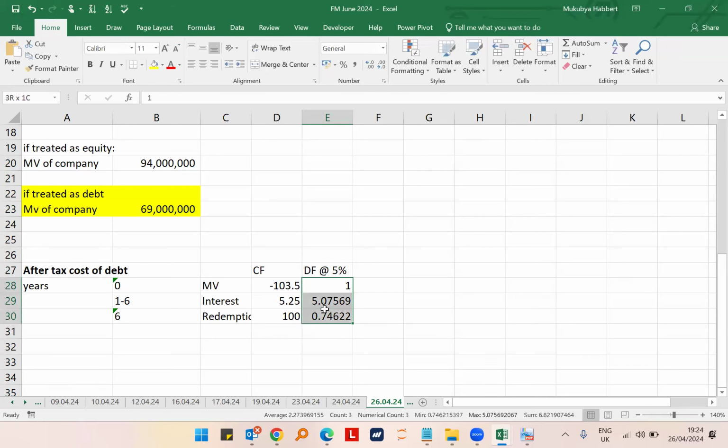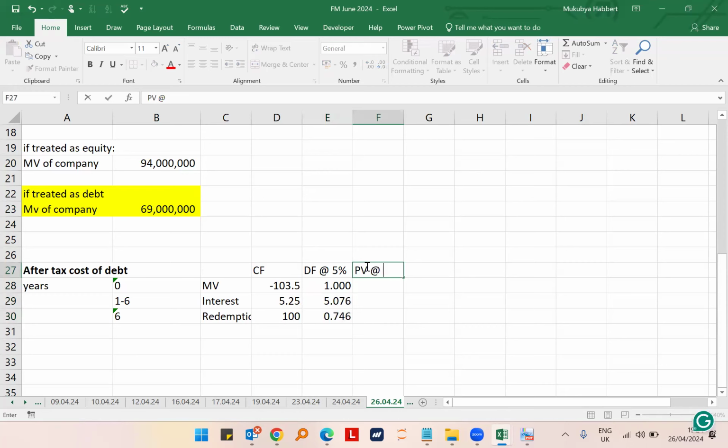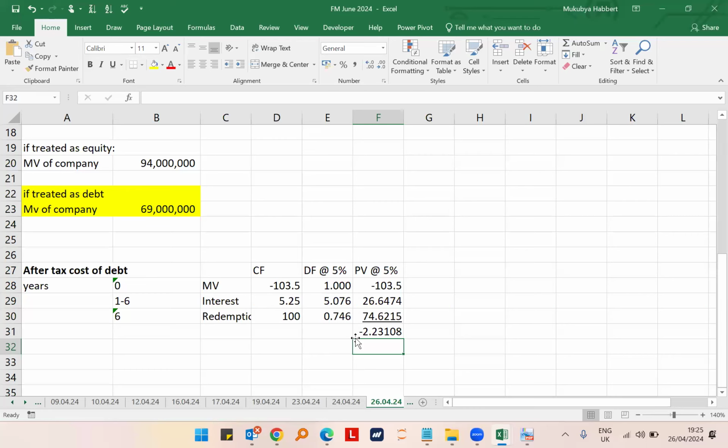So these are the discount rates. Now you can get the present value at 5%, which is basically cash flow divided by discount factor. When you add the 3 to get the net present value, you realize that it's negative, which means that the actual rate is less than 5%.